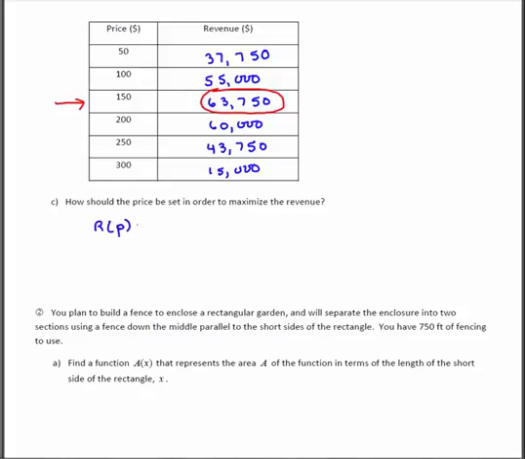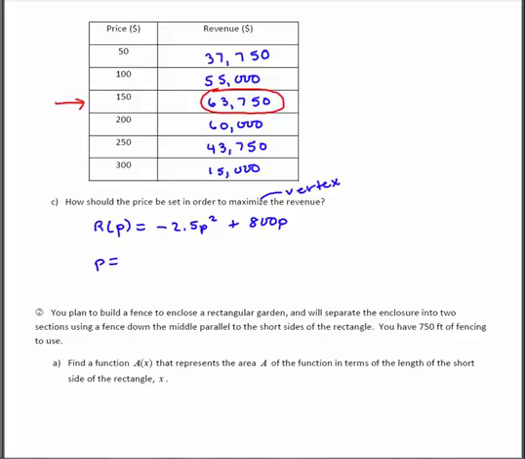My function R of P, and I am going to rewrite it in sort of the standard order, descending order, was negative 2.5 p squared plus 800 p. And in order to find the maximum, I know that that's really the vertex. So I'll use my vertex formula.